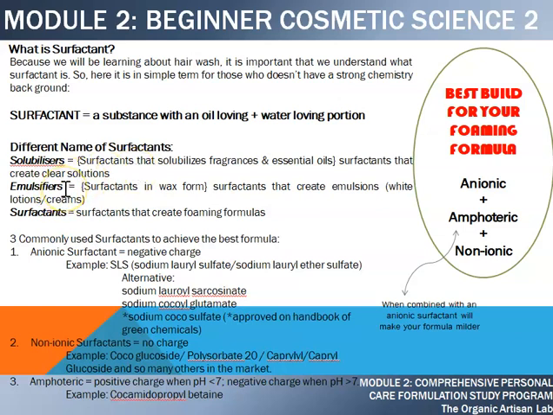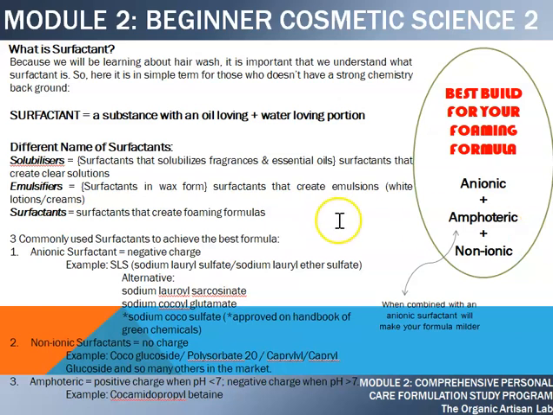Emulsifiers are also called surfactants. These are emulsifiers, or surfactants in wet form. They are surfactants that create emulsions, or white lotions and creams. And then, of course, there are surfactants that create foaming formulas, like the ones that we will be using in module 2.